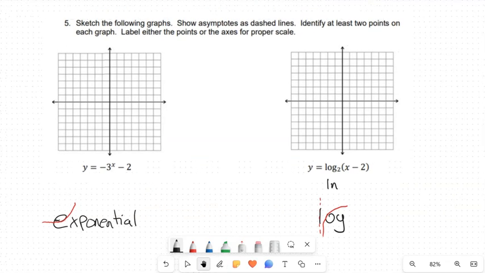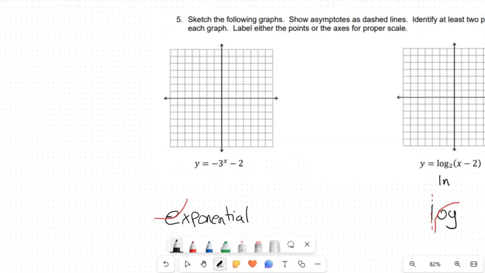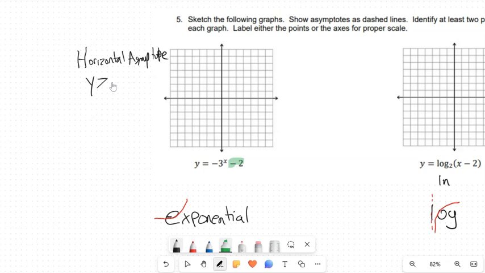Okay. For the exponential, the horizontal asymptote is a y equals, and it's always the constant term. If you don't have a constant term, it's equal to 0, because you always have a constant term. Just sometimes you don't see it.